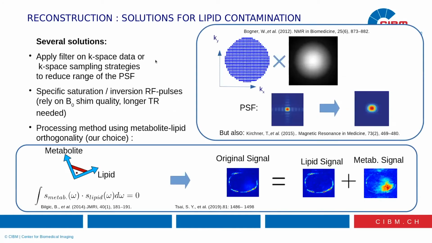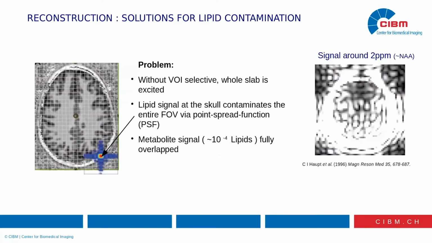Some solutions are to apply a filter on the K-space or to sample the K-space in a specific fashion in order to reduce the range of the PSF. If we can reduce the intensity of the side lobes and make it more compact, the lipid signal will stay at its location and not contaminate the brain.